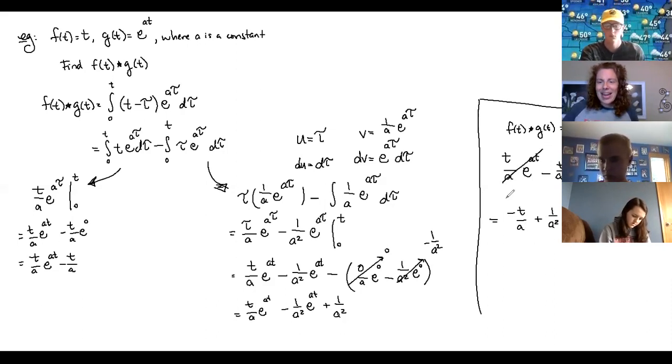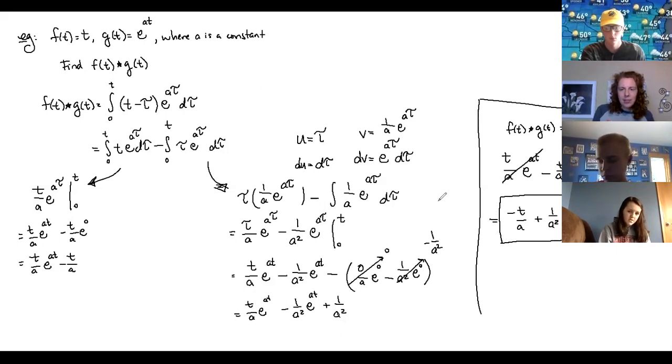And that is what I have on my piece of paper, which is good. So there's my answer for the convolution of f and g. Negative t over a plus 1 over a squared, e to the at, minus 1 over a squared.